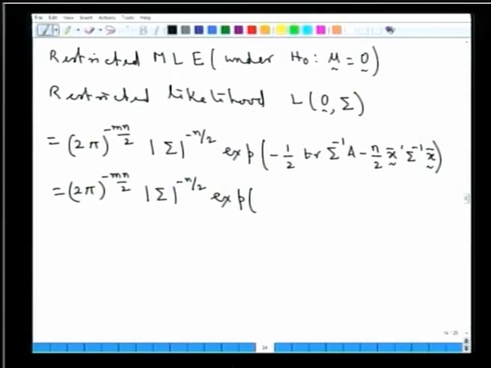Now note that we can put a trace out here. I'll do this calculation once more. This trace of sigma inverse A minus n by 2.